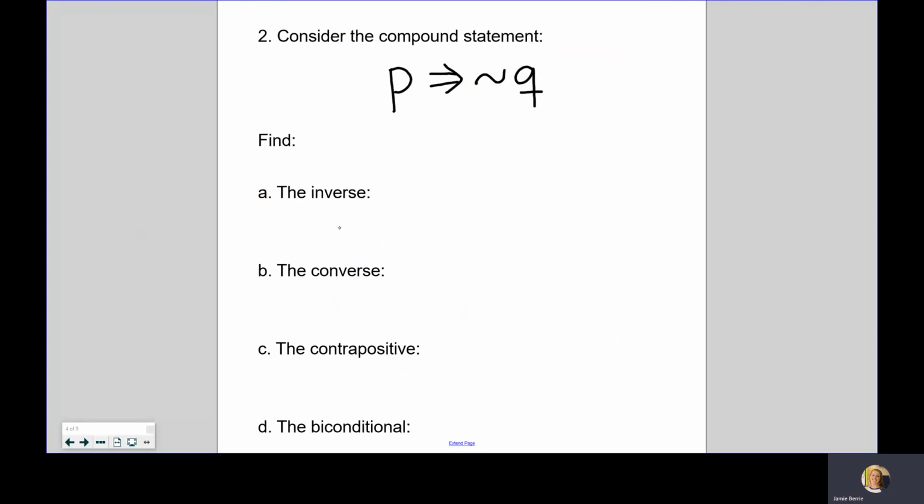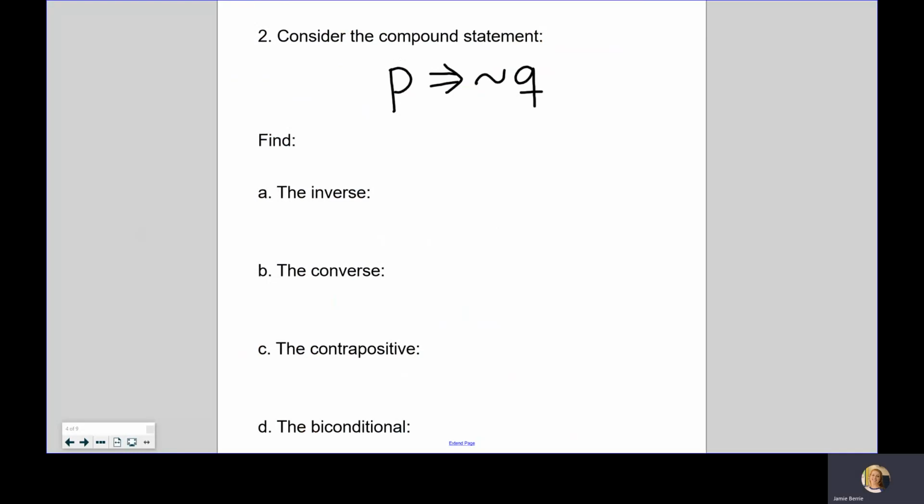It's the same sort of format. It says consider the compound statement P implies not Q. And we're going to find the inverse, the converse, the contrapositive, and the biconditional. And again, all of these will just be written symbolically.